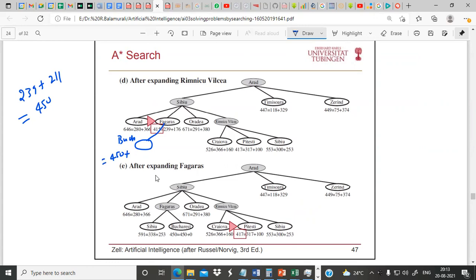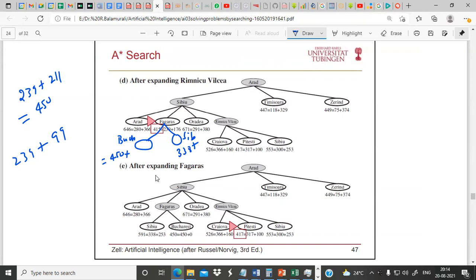Now what is the other destination we can reach? We can reach Sibiu. Reaching Fagaras is 239, and the cost from Fagaras to Sibiu is 99. So 239 plus 99 is 338, plus the heuristic cost of reaching from Sibiu to the goal state.